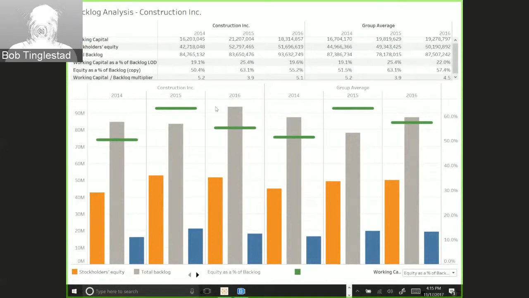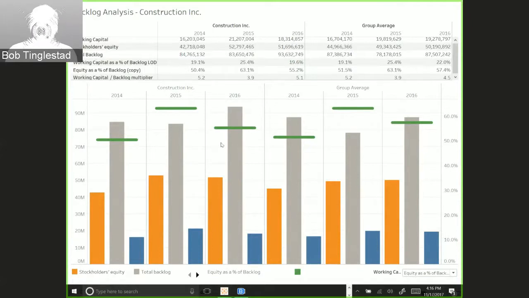We're going to use some fairly traditional ratios and KPIs in working capital, stockholders' equity, relative to backlog, and look at some of those comparisons using these traditional ratios that usually look on a one-year basis, kind of in a microscope, in a vacuum. We're going to compare those on a year-over-year basis, and compare them to our peer group average to see, do we want to set some targets here, and are we effectively deploying our working capital, our equity, and are we managing the risk we're taking?